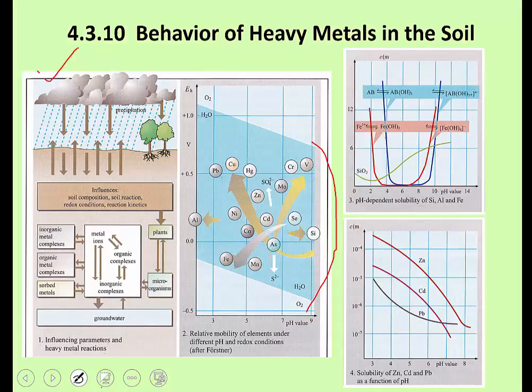Number 3 kind of looks at the pH dependence. So acid rain has a huge effect on the environment in so many ways, and one of the ways is what we're looking at here, the availability of these metals, whether they be metals that we need or metals that we don't want in there. So for example, if we look at silicon, aluminum, and iron, even small amounts of aluminum can be micronutrients, but if you get too much of them, those can create major issues, just like we were talking about the pygmy trees with the aluminum.